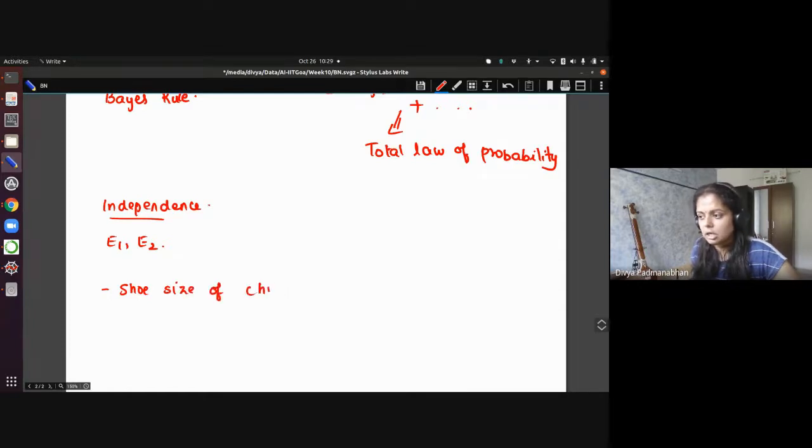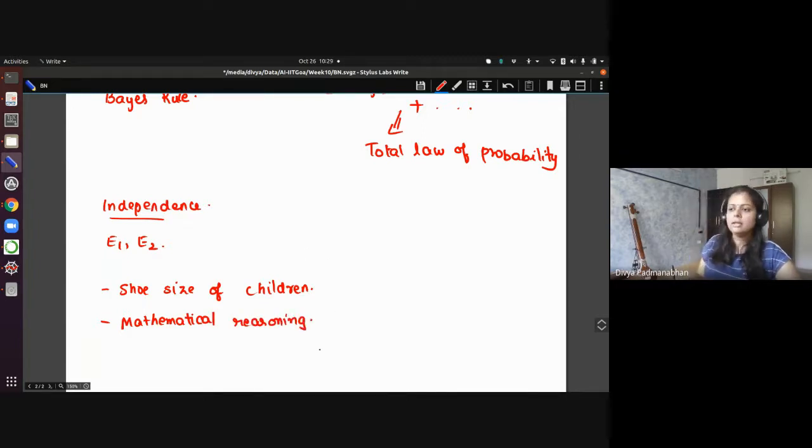So this is one event, or it's not an event, let's say it's a random variable, right? So this is one random variable, and then I have, let's say, the mathematical reasoning abilities of these children. So you keep a math test and take their score. Okay, so that is the second random variable. So are these two independent or are they dependent? What do you think?